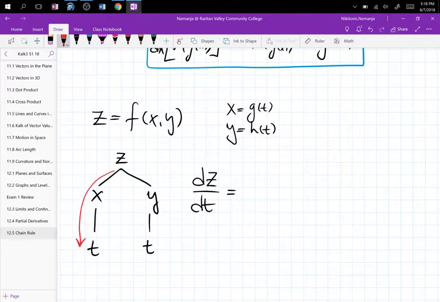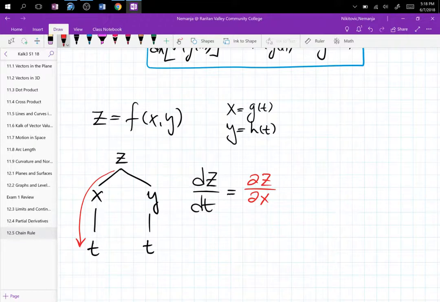Red path says z is branching into x and y, so I must use partial derivatives because x and y equally give rise to z. So partial z, partial x.